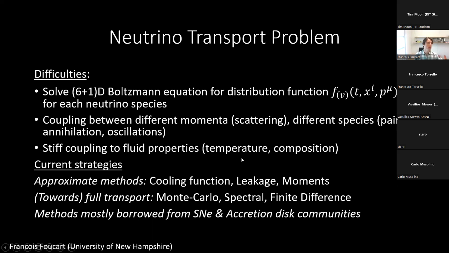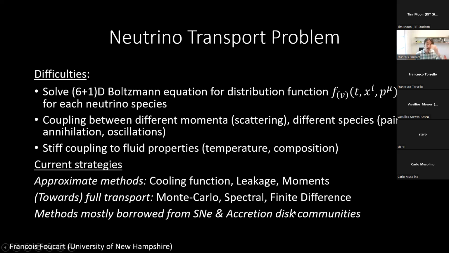And so most simulations to date have used some sort of approximate treatment of the neutrinos. The most common being probably the leakage scheme, which is a kind of quasi-local method which allows you to determine, from the local properties of the fluid and an estimate of the optical depth, how much energy leaves a given grid cell due to neutrino emission and how the composition changes due to that emission.